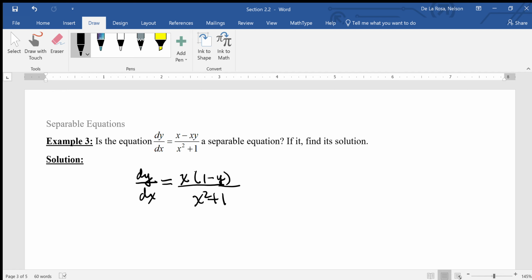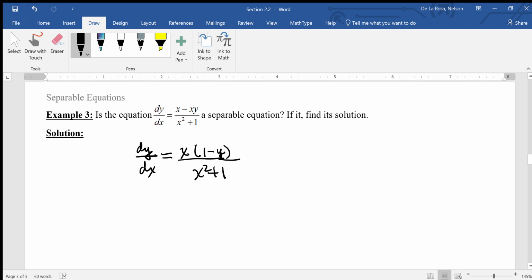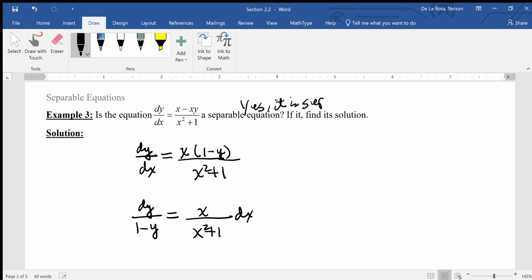Then we can rewrite the equation as dy over 1 minus y equals x divided by x squared plus 1 dx. As you can see, all the x's are on one side and all the y's are on the other side. So yes, it is separable.